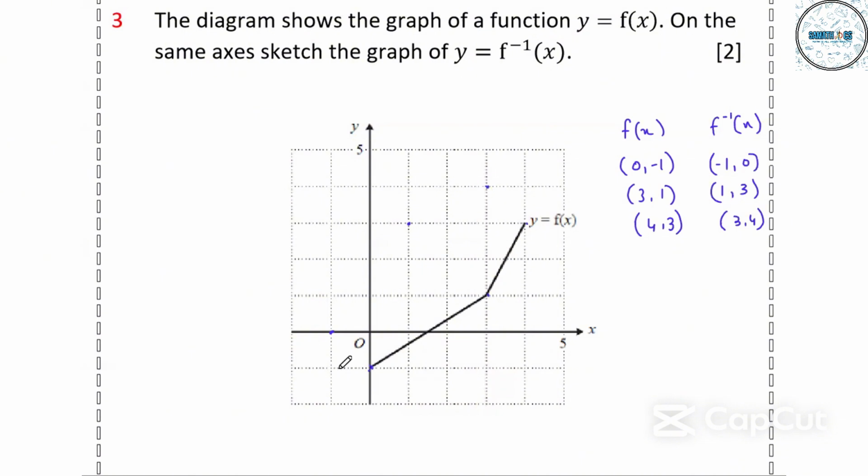First, you have to draw the line of y is equal to x, which will be passing through all the points where x and y values are the same. Now we can draw the graph of f inverse of x. We'll join the points which we have already marked. So this is the graph of y is equal to f inverse of x.